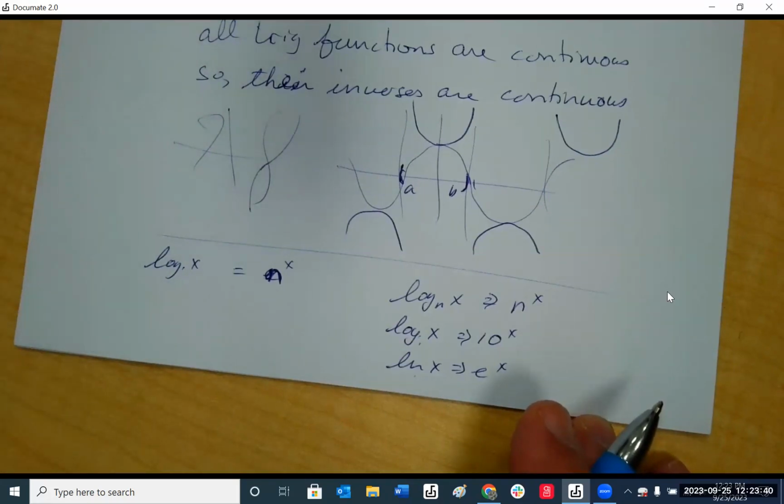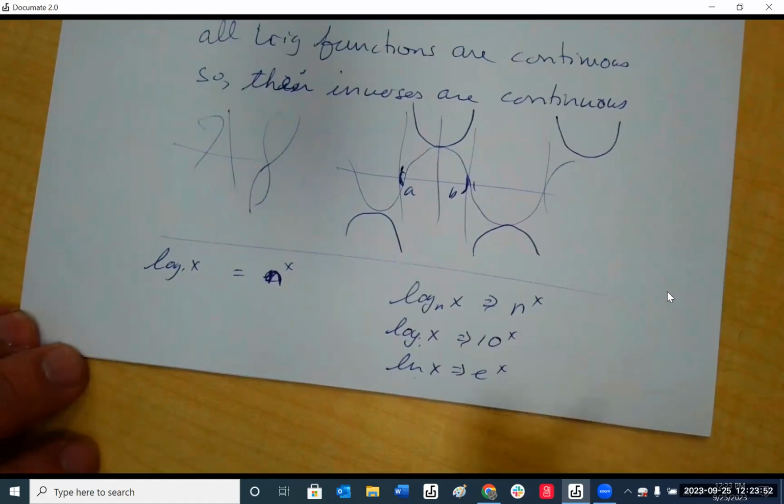So we looked at inverse functions, regular functions, trig functions, exponentials, and logarithmic functions. How about composite functions? So what would the new domain be?